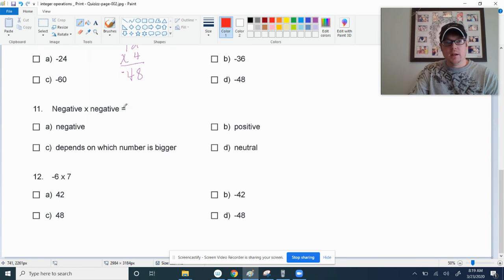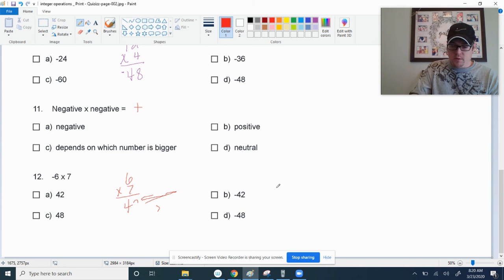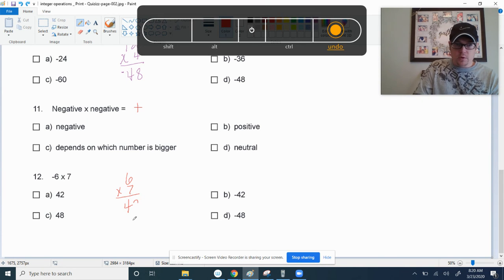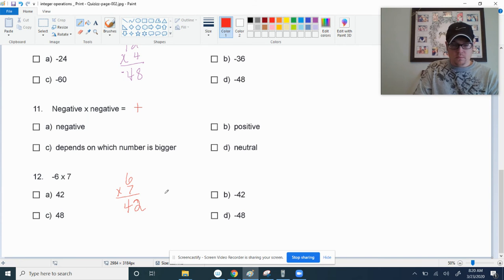A negative times a negative will be a positive. All right. Negative 6 times positive 7. The signs are different, so we're still going to do just 6 times 7, which is always 42. Sorry about that. 42. And since the signs are different, it would be negative.